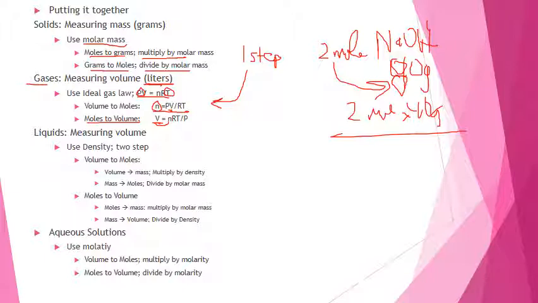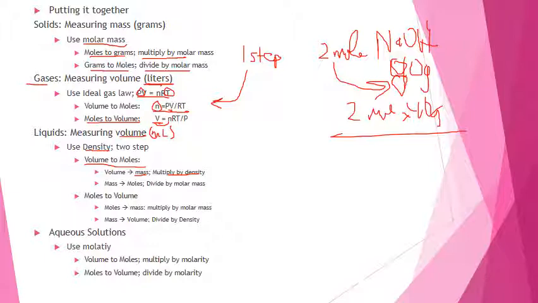For liquids, we measure volume, and it's usually going to be milliliters, but it could be liters or any other volume. It's going to require two steps. You need density and molar mass. Let's say we want to go from volume to moles. First, you figure out mass using density, and again you could use dimensional analysis.